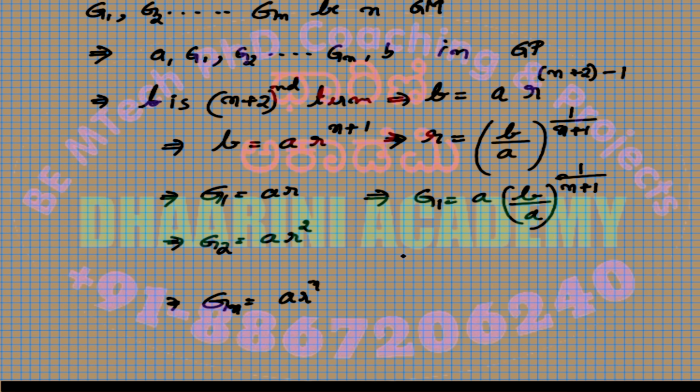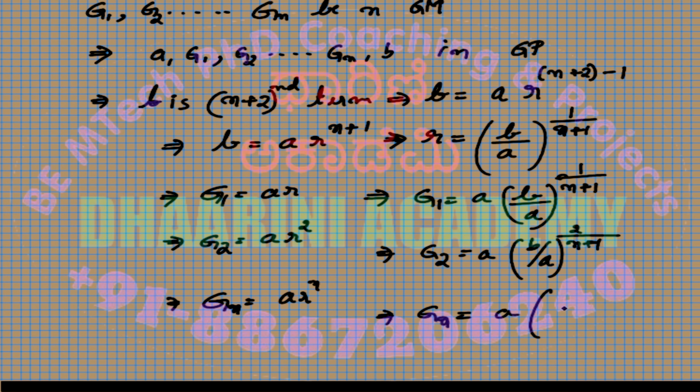Then G2 can be written as A into (B by A) to the power, this R square, so it becomes simply 2 divided by n plus 1. So in general, any Gn can be written as A into (B by A) to the power n over n plus 1.